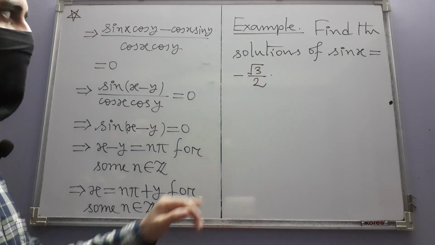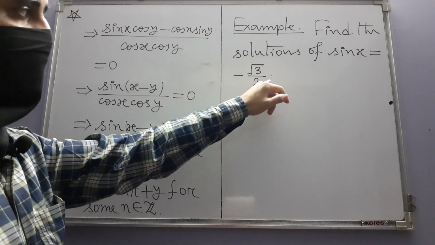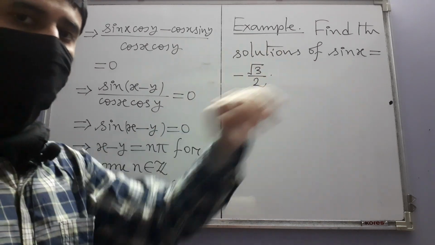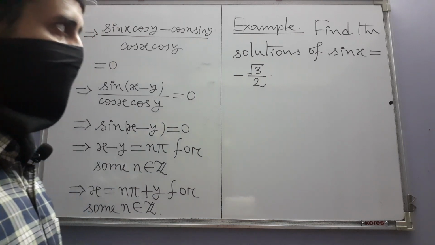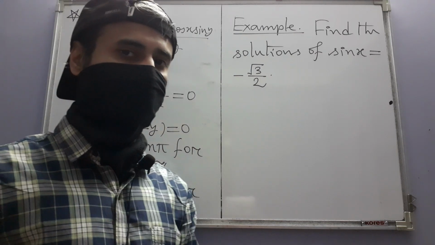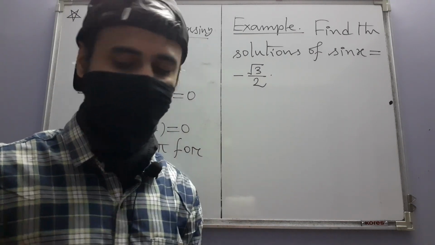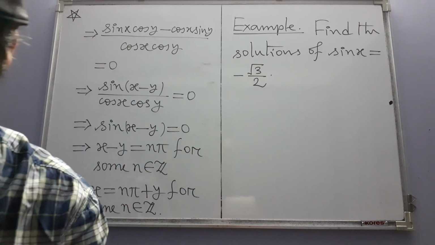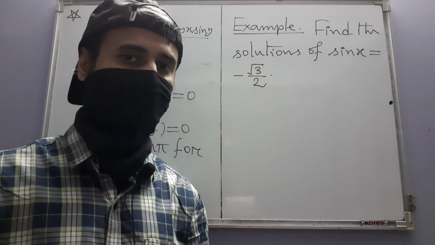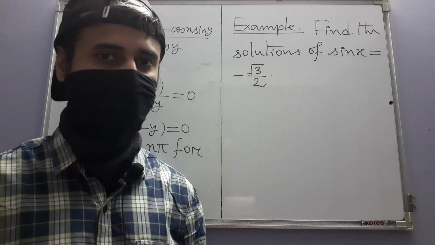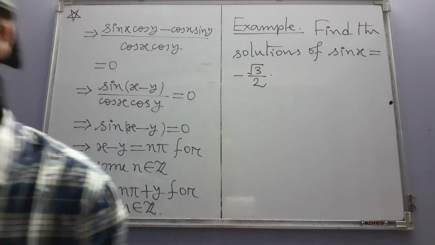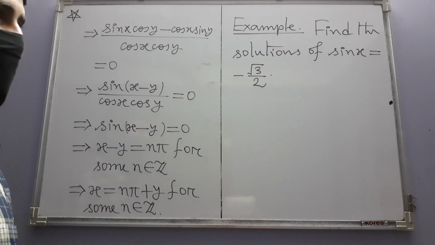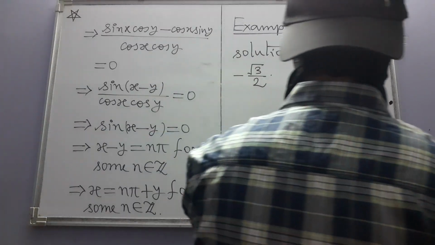Now, you cannot immediately write a standard angle here and have this value as the sine of that angle, because the sine values of standard angles are never negative. By standard angles, I of course mean the angles we already have encountered in lower classes. So let's see what we can do when we have a negative sign.